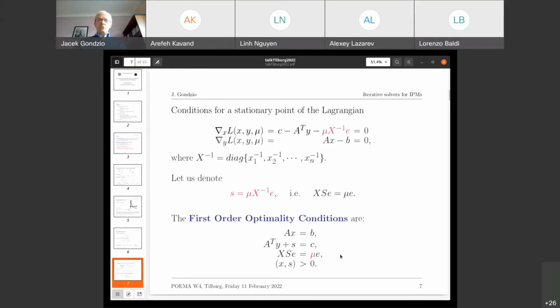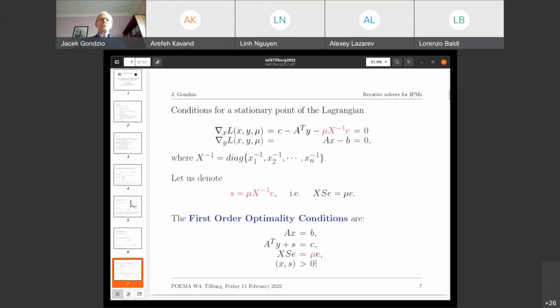And here I would like to draw your attention to the fact that now we are not asking for XSE to be equal to 0, but we have introduced a perturbation. What we now ask for is that all the products xj times sj should be the same and equal to the same value of this barrier parameter μ.